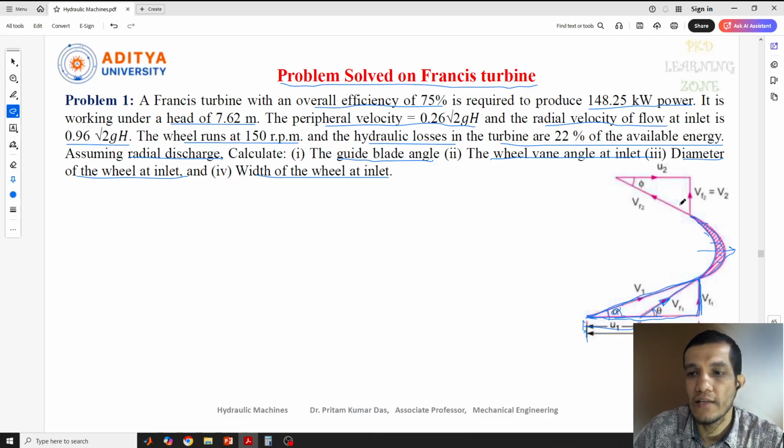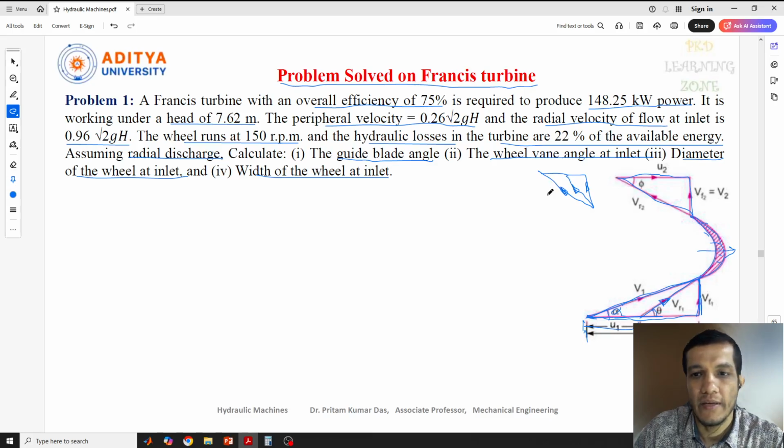And this is the outlet condition triangle, where you can see the radial discharge is given. Radial discharge means Vw2 will be 0. The velocity triangle we have seen is usually drawn in this way, but here the discharge is radial at the outlet condition.